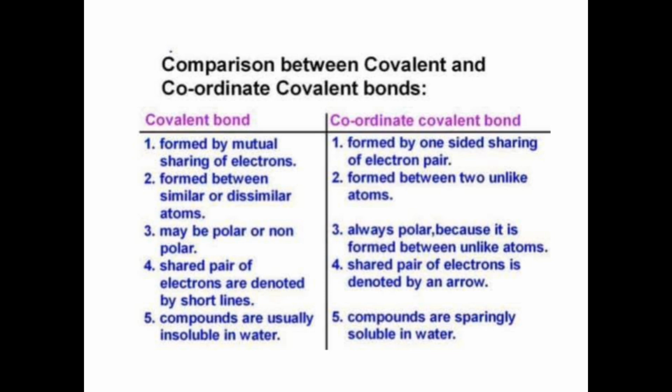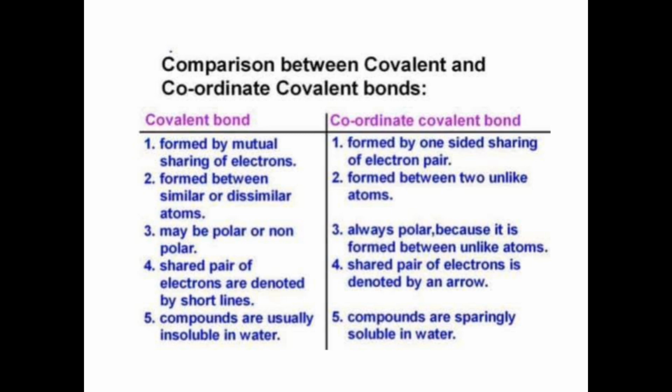Covalent bonds may be polar or non-polar. Coordinate covalent bonds are always polar because they are formed between unlike atoms. They are always polar, either positive or negative, with a few exceptions to be neutral. That's for complexes, and that one usually occurs in complexes alone.